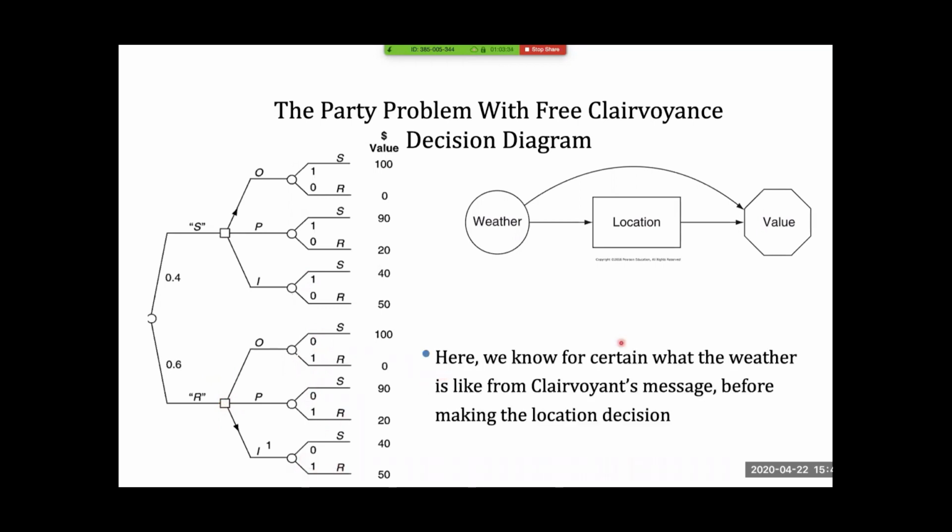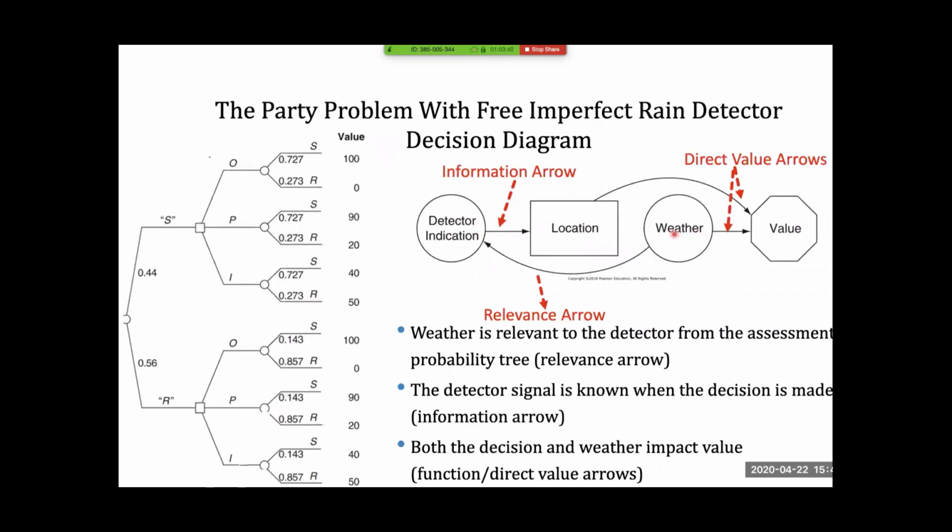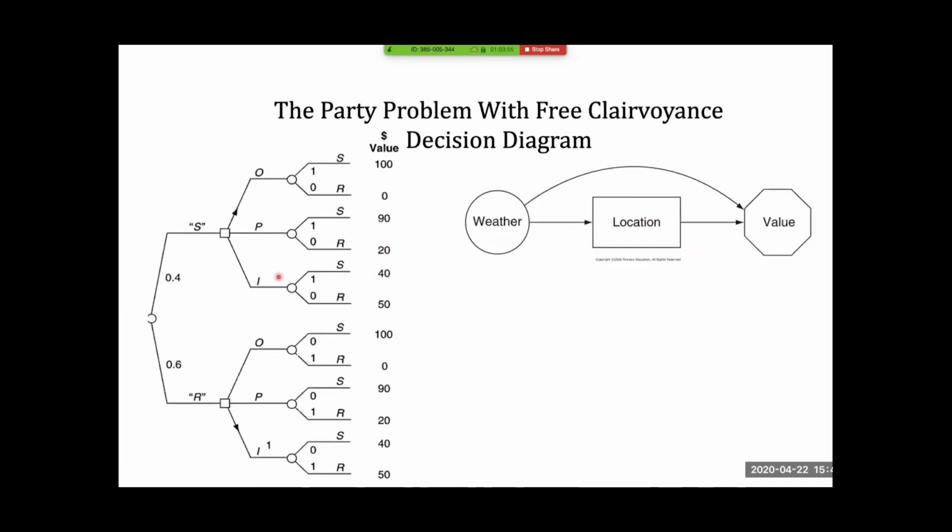We know for certain. That is why we have an information arrow. Over here, we do not know the weather for sure, so we don't have an information arrow over here. We're bypassing this detector indication, just connecting this with one arrow because this detector is 100% accurate.